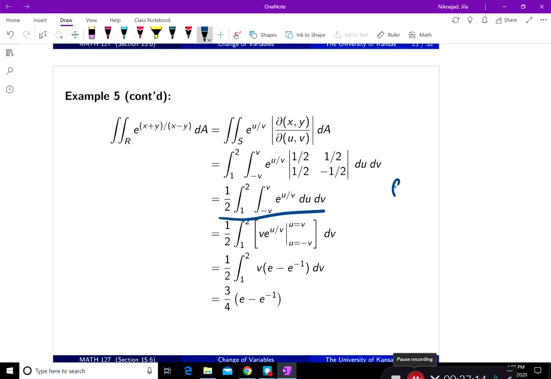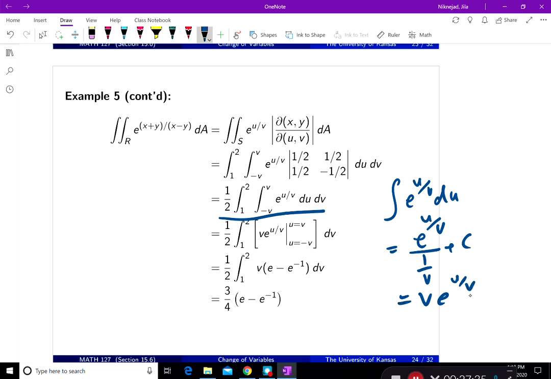When you're taking the integral of e to the power u over v du, this is going to be e to the power u over v divided by the constant coefficient, which is 1 over v, and that would be v e to the power u over v, and that's what you get here. You plug in v, and it becomes v e to the power 1, and then you plug in negative v, and you get v e to the power negative 1.